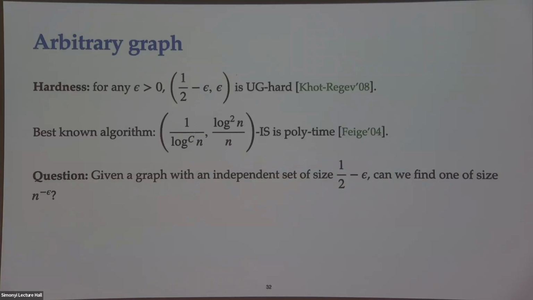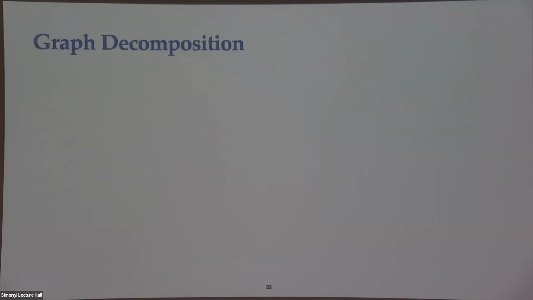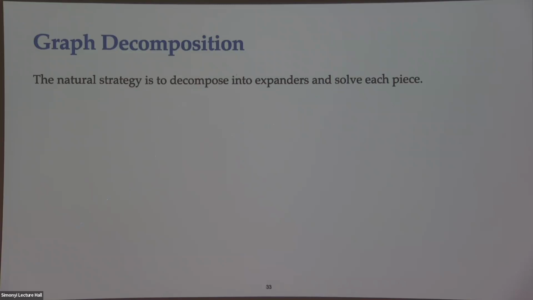So given our algorithm for finding independent sets on expanders, the natural thing to do is graph decomposition. In a lot of works, for example, the famous work by Arora, Barak, and Steurer on the sub-exponential time algorithm for unique games, they first decompose the graph into pieces of small threshold rank, which basically just means kind of small set expanding.